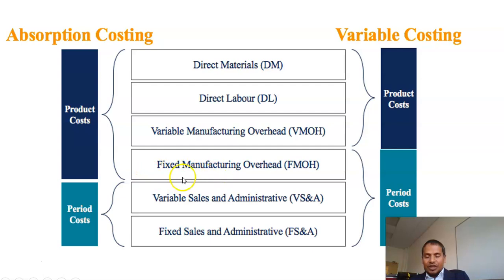And fixed manufacturing and non-production cost all are period cost under variable costing. This is variable cost, but this is not product cost under variable costing because this is not production related cost.